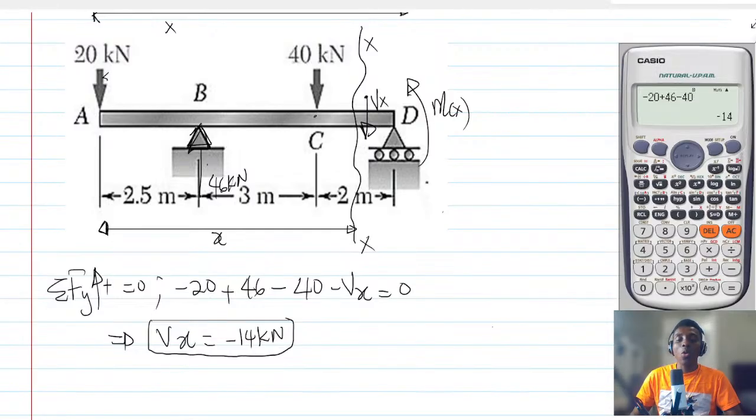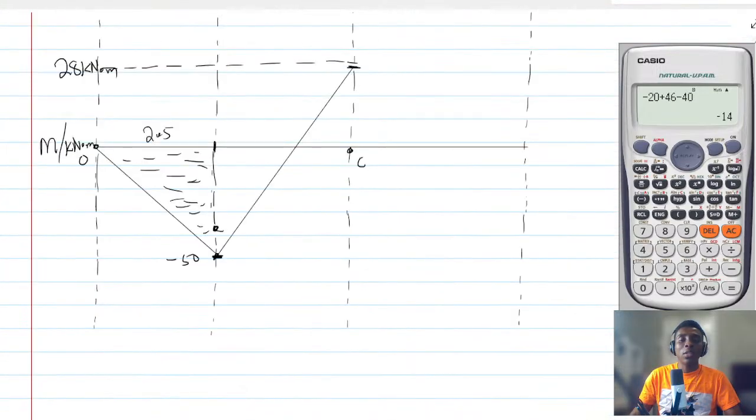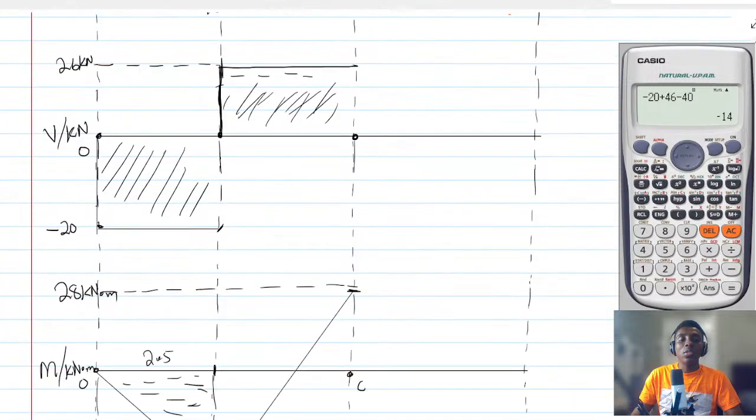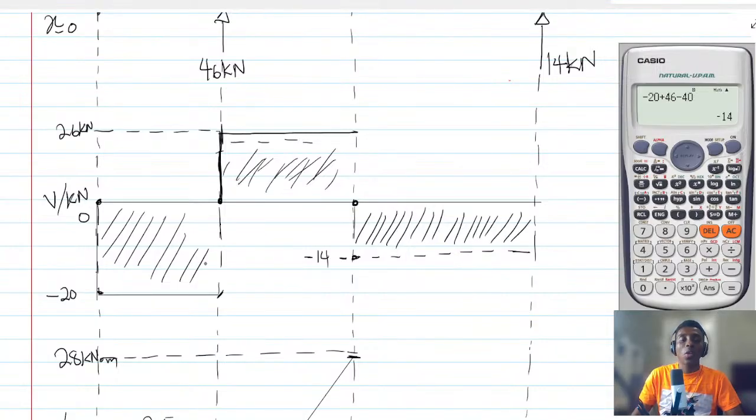So this means that we will go back to the diagram, and then for the last portion, we are going to say it is minus 14. So it's going to be coming down here, minus 14. That's all. So this one is minus 14. So don't subtract it from anything. When you calculate, you just put it there.